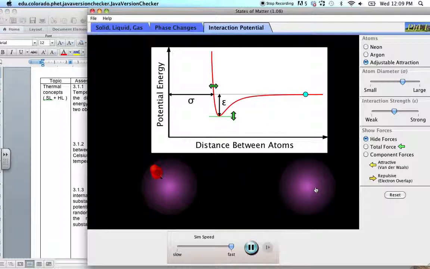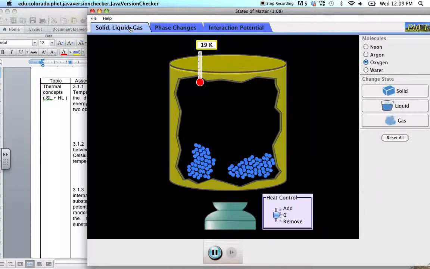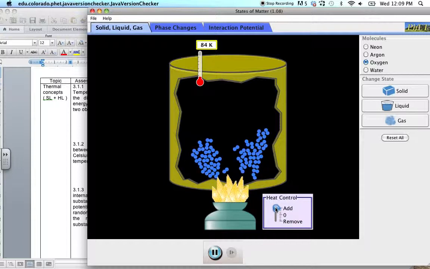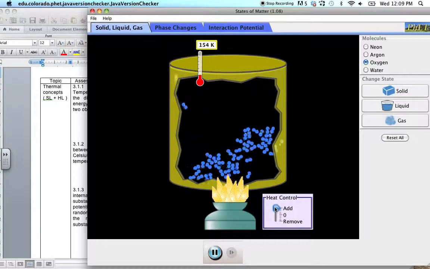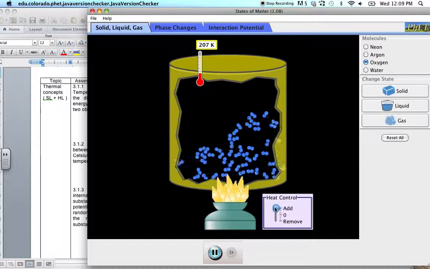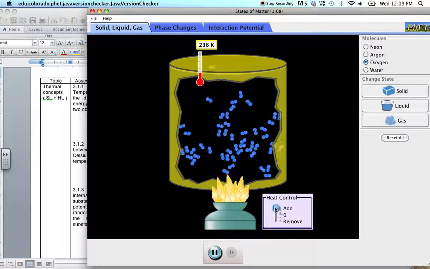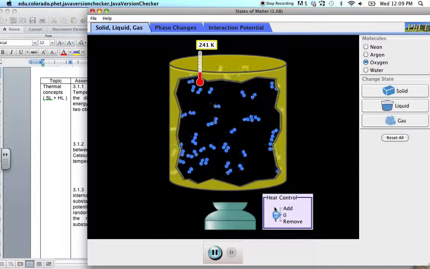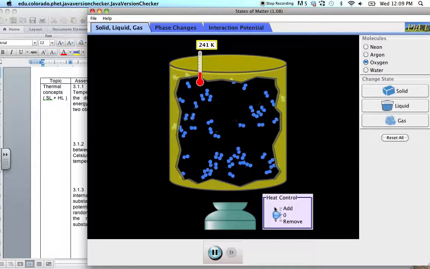So going back to this one over here, as I increase the energy here, some of the energy is actually being used to break apart, to pull apart. So these particles are not only gaining in kinetic energy, they are also gaining in potential energy, in that we had to give energy to the particles to break those bonds, to pull apart.